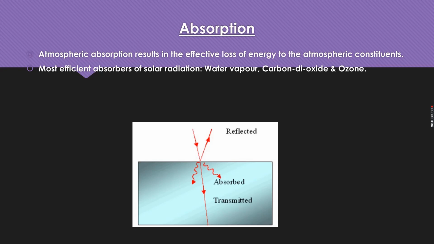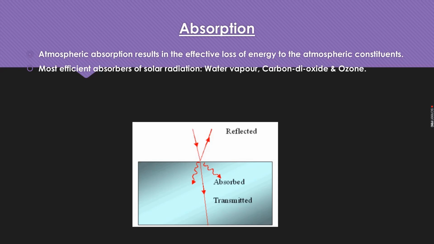Now we will come to absorption. Absorption is one of the other processes which happens while the EMR is interacting with the atmosphere. Absorption basically means the loss of energy. Whenever the energy or the EMR is neither getting scattered, nor reflected, nor transmitted, it is taken to be lost.